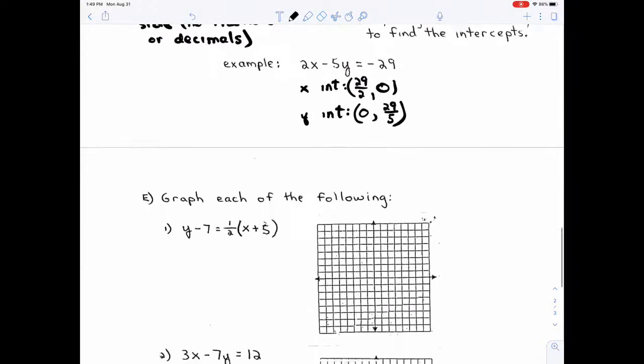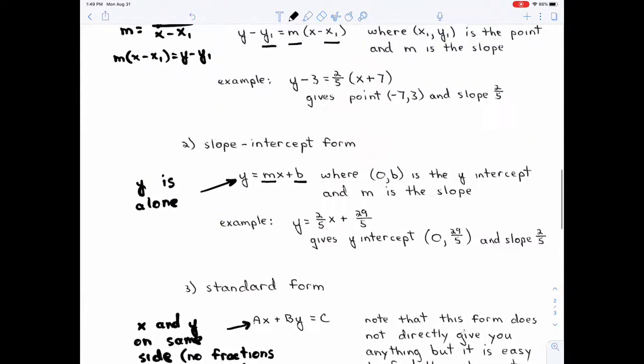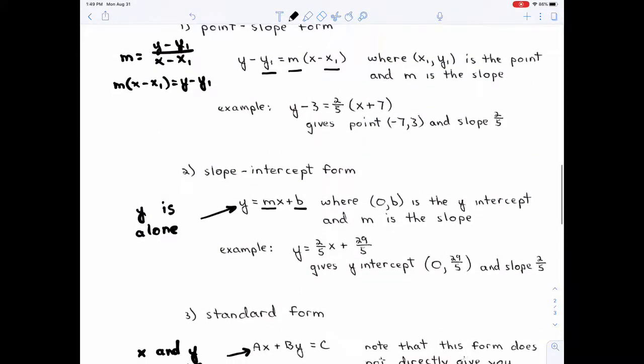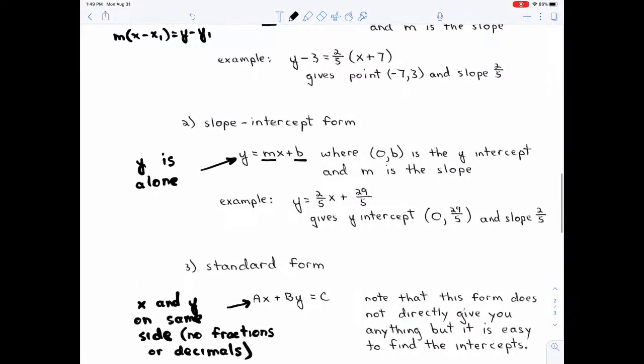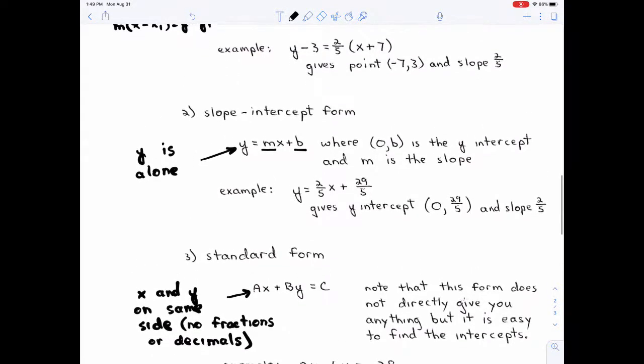Okay, now, what's an example of each of these things? By the way, before I actually show you these, let me show you something. These three equations that I've shown here, the examples, they're all the exact same equation, okay? They're just in different forms.